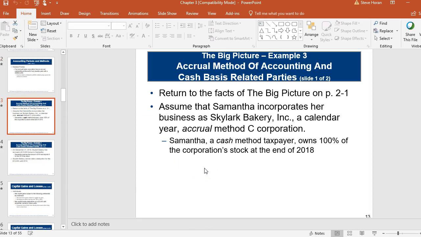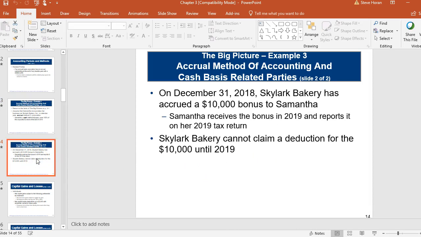Okay, so going back to the big picture scenario, assume that Samantha incorporates her business as Skylark Bakery, which she will then call a C Corp, as a calendar year C Corp. She is a cash method taxpayer and owns 100% of the Corp stock at the end of 2018. Remember, this is a small business too, revenue-wise.